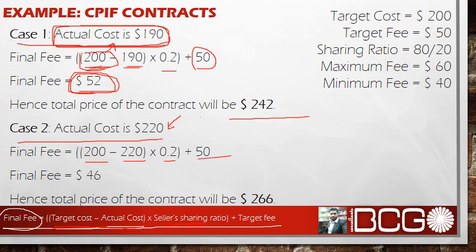So you are seeing that now the final fee of the contract is 46 US dollars only, and the total cost of the contract will be 46 plus 220, which becomes 266 US dollars.